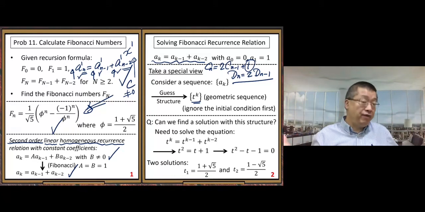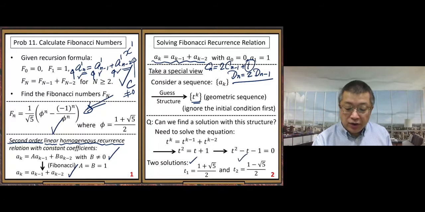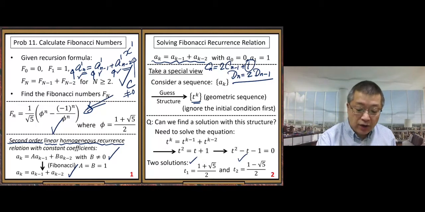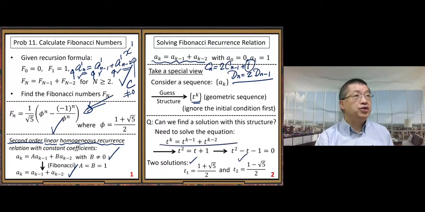When we don't have the background, that means t1 solution, t2 solution, both could be considered as valid solutions for the original equation. We should not drop anyone.